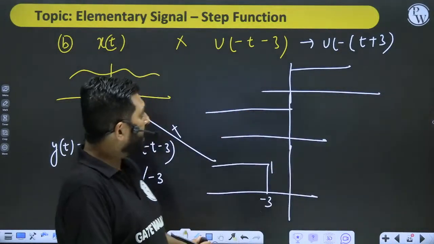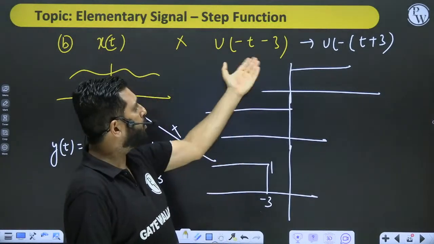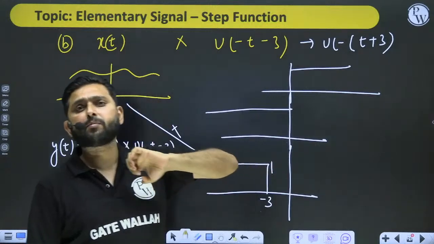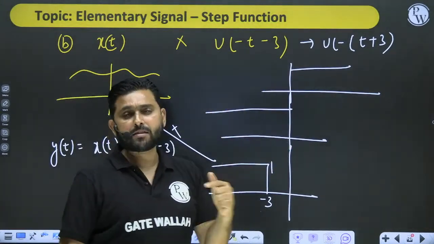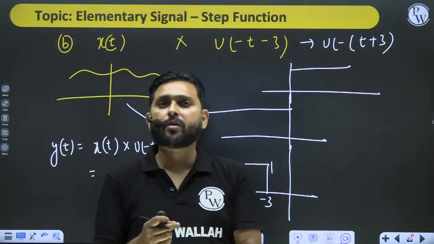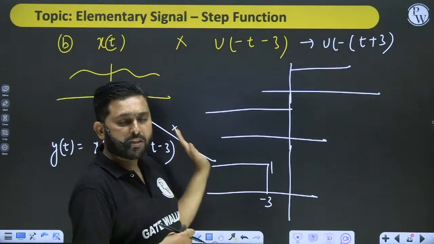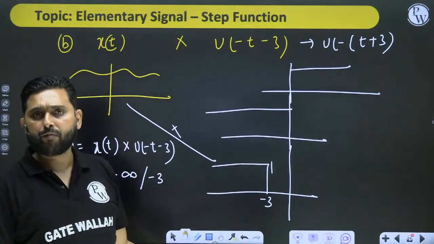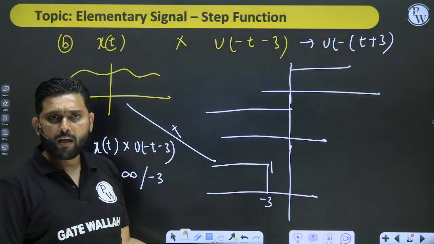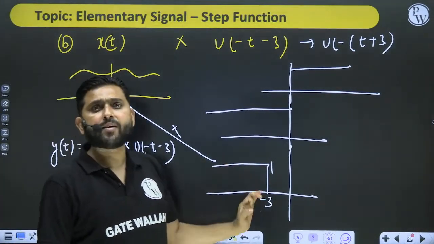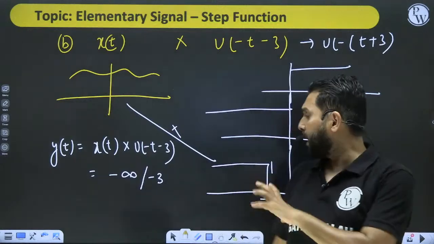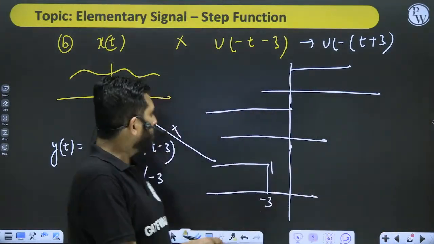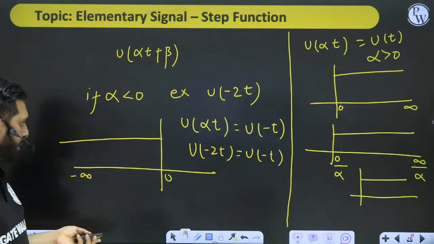But look at the wonderful use of this step function. Whenever any function is multiplied by the step function, the limit of this function will change according to the limit of the step function. That's the meaning of the step function, a very important thing to take care of while dealing with it. Is it clear?